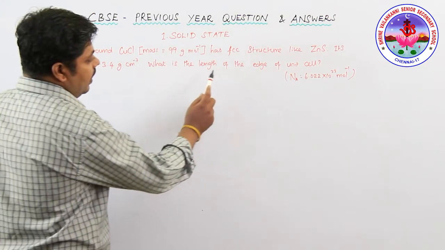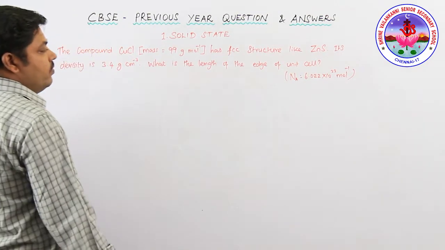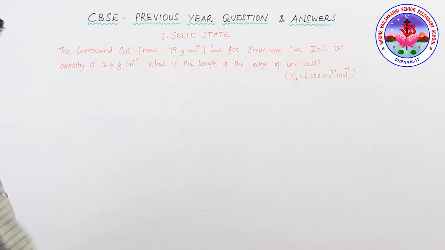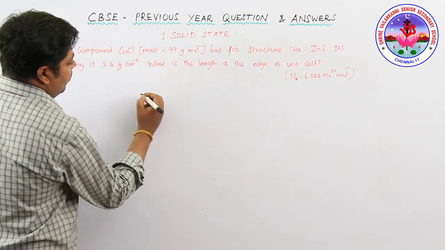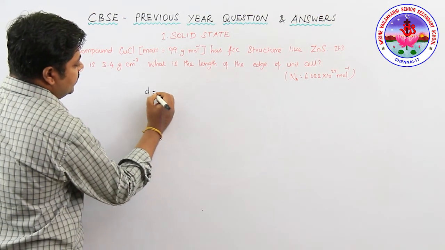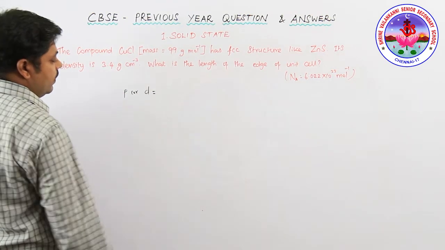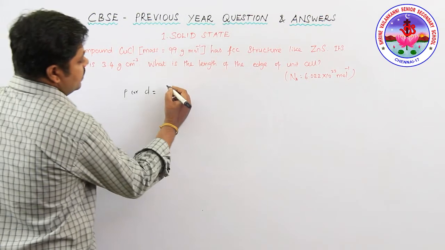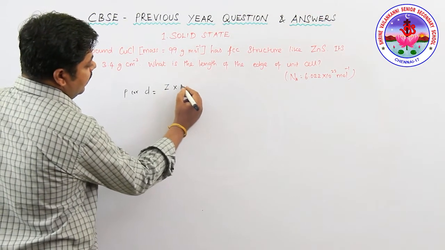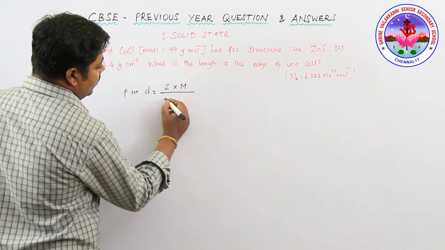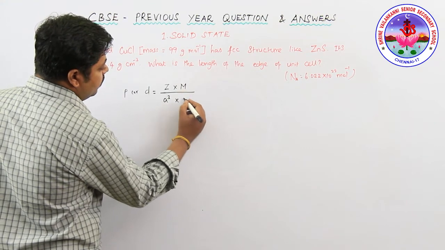What is the length of the edge of the unit cell? Here the density formula is D is equal to, sometimes using rho or D, D is equal to Z into M divided by A cube into Na.